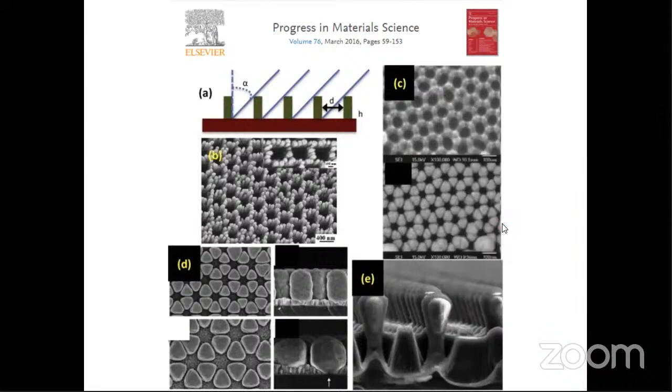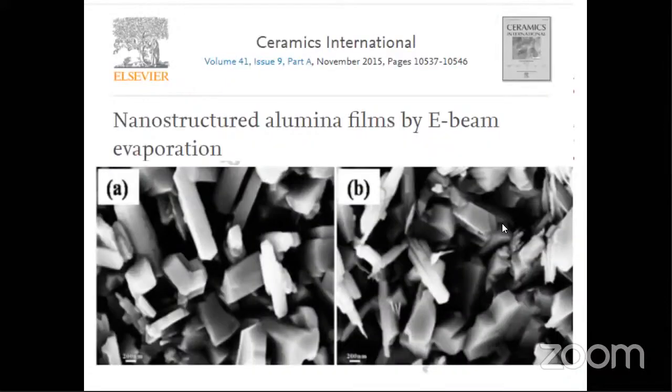Now we shall see some other nanoplate-like structures that have been grown by electrochemical methods also. Now we shall briefly discuss another method, which is known as the chemical vapor deposition method.